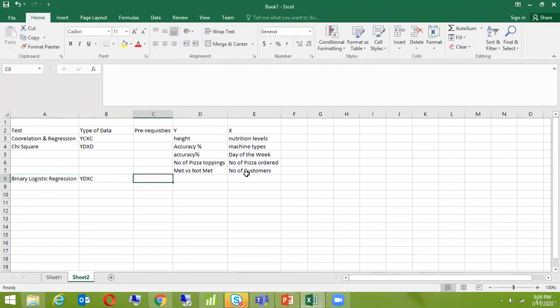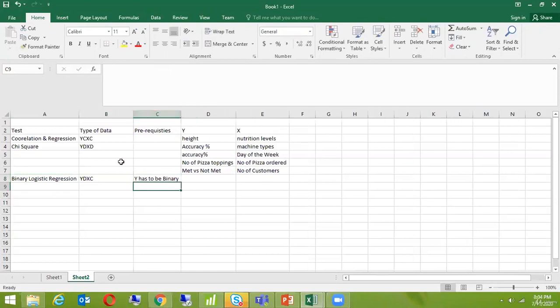Here there is a prerequisite: Y has to be binary. That's why it is called binary logistic. So when my Y is discrete, with categorical data such as yes or no, and your X is continuous, you will do binary logistic regression. You can also call it BLR. People use BLR.